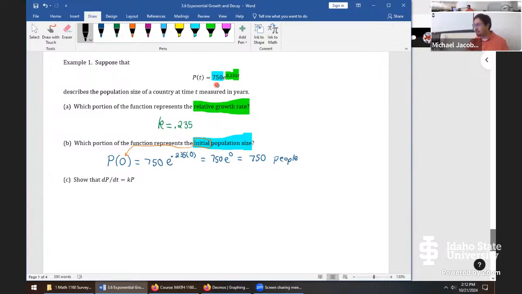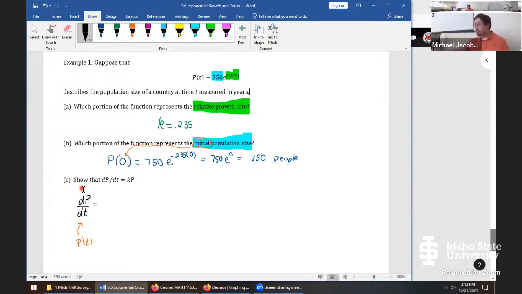So let's start by writing out dp dt. That means we're taking the derivative of p with respect to t, or we could just say p prime if you prefer. Usually Leibniz notation is more emphasized in an applied setting like this one, so I'll often use the Leibniz notation in this situation.